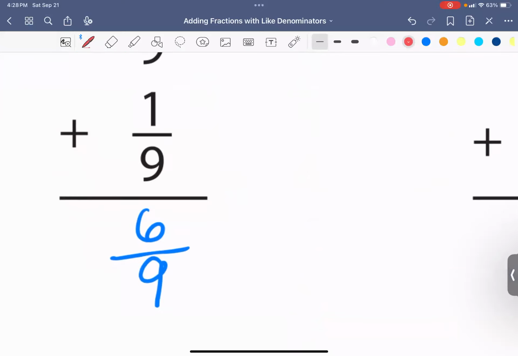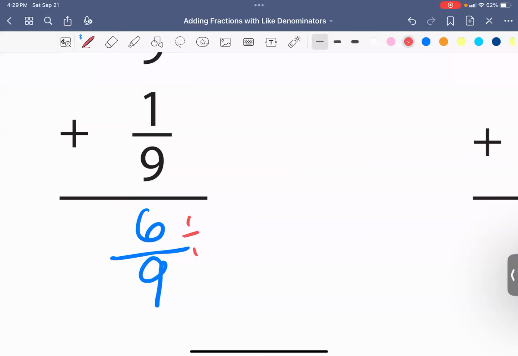We have 6/9. That is the answer, but usually when you get a fraction word problem where they're asking you to find the answer to a problem in words, they'll usually want you to find the answer in simplest form. So the way we find the answer in simplest form is we divide by a factor, the largest common factor.